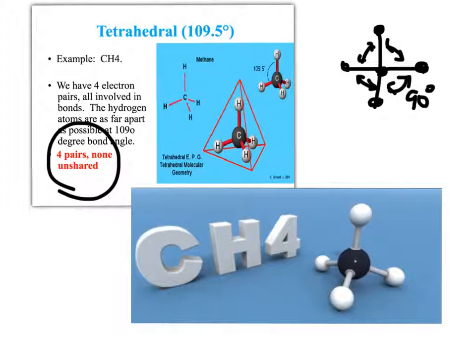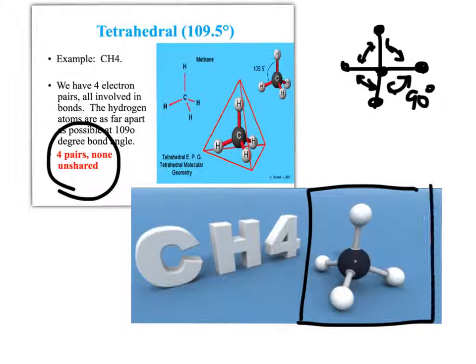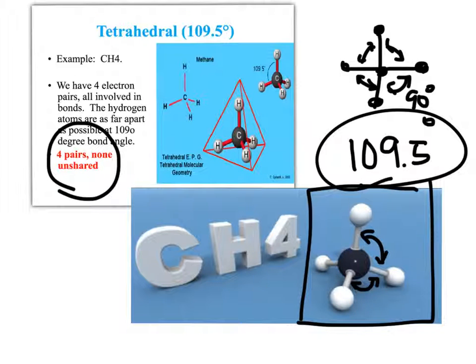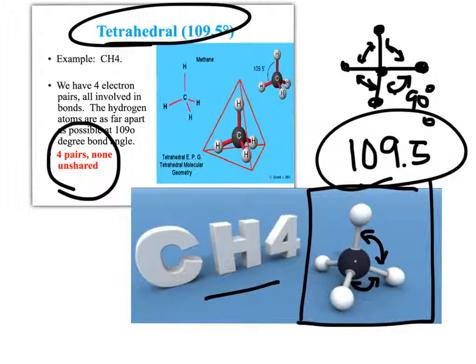And the answer is no. If you actually build this in 3-dimensional space, like we did in class, you can see that we can actually get them farther apart when we include all 3 dimensions. They can actually be 109.5 degrees apart. And that's what we see in methane, and that is called a tetrahedral structure. So 4 pairs of electrons, all of them involved in bonds, and we see a tetrahedral shape.